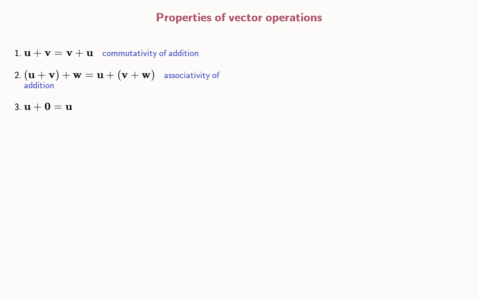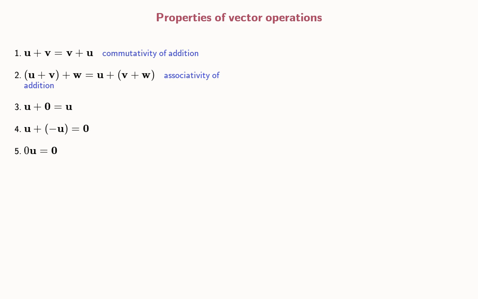Then if I add any vector to the zero vector, that's the vector all of whose components are zero, then I just get back the vector we started with. If I add a vector to its negative, that's -1 times u, I get the zero vector. So there are negatives, or inverses, for vector addition.